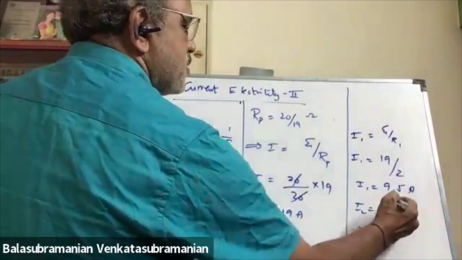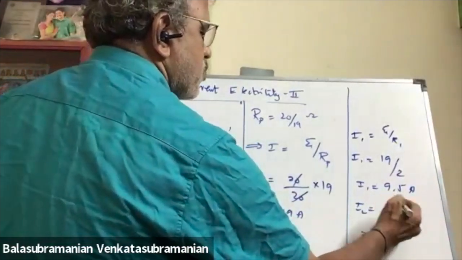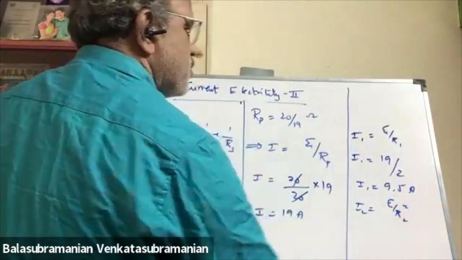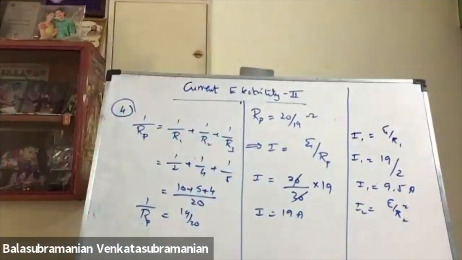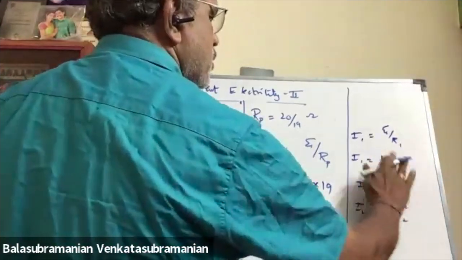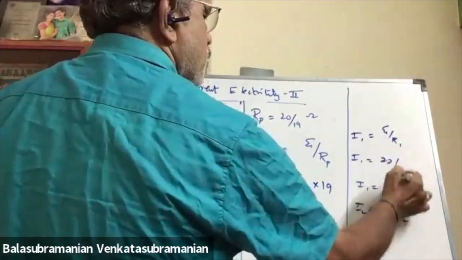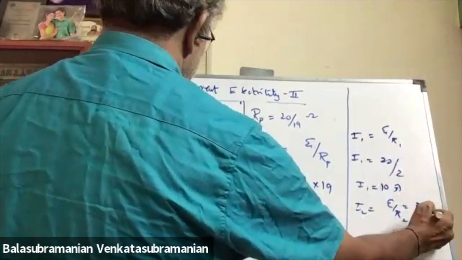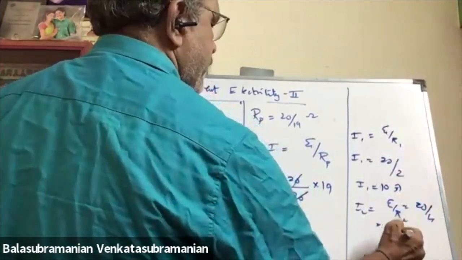I2 is psi by R2, psi value is 20. 20 by 2, 10 ampere. 20 by 4, 5 ampere.